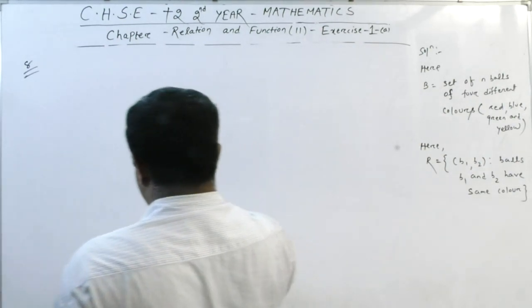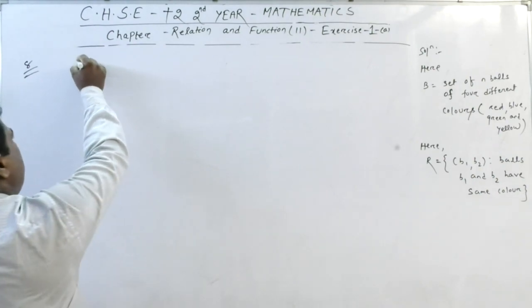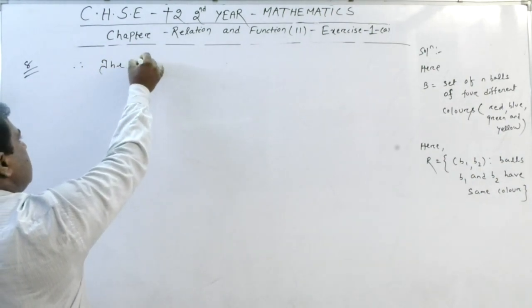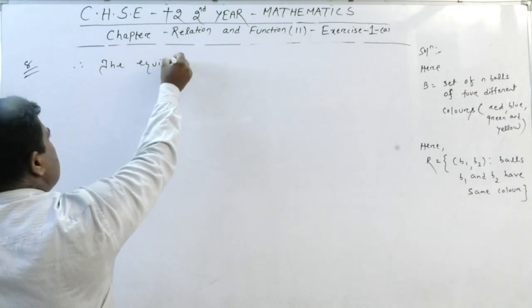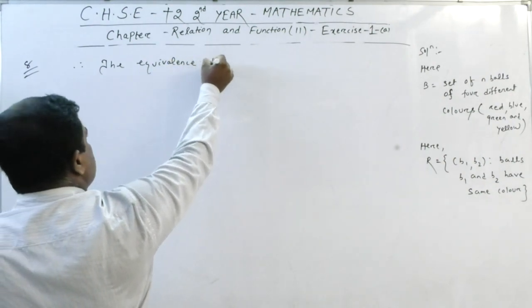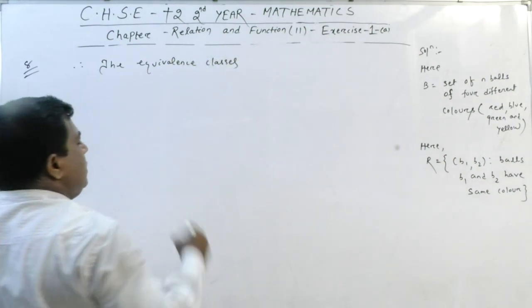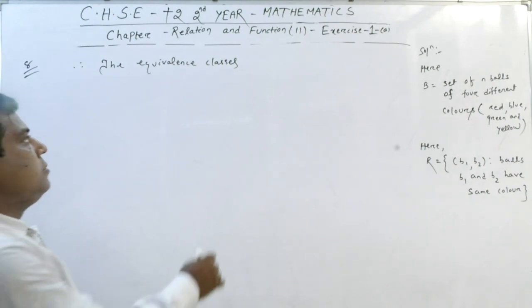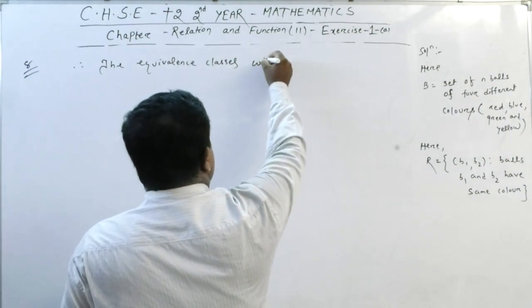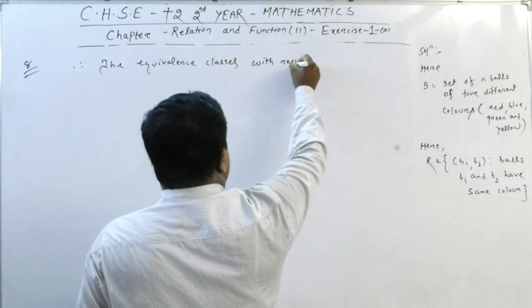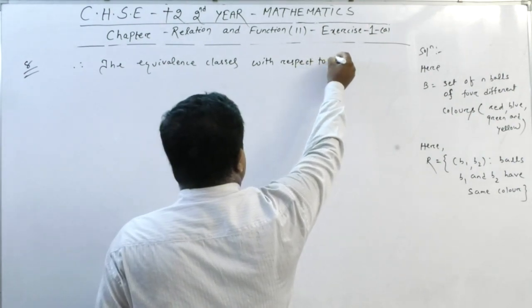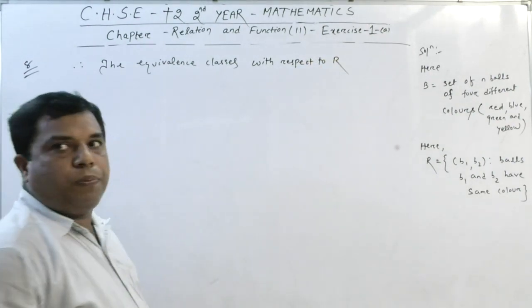Therefore the equivalence classes with respect to R are of four types.